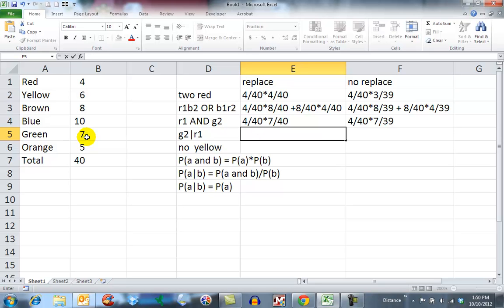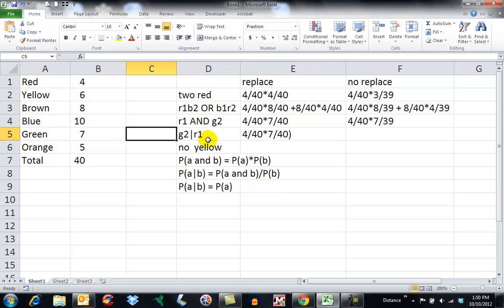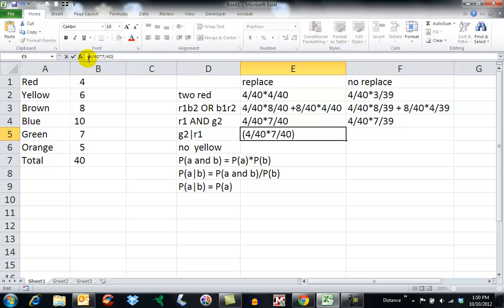So here I'll write it. It's really 4 divided by 40 times 7 divided by 40, and I'm going to put all that in parentheses. And all of that is going to be divided by 4 divided by 40.